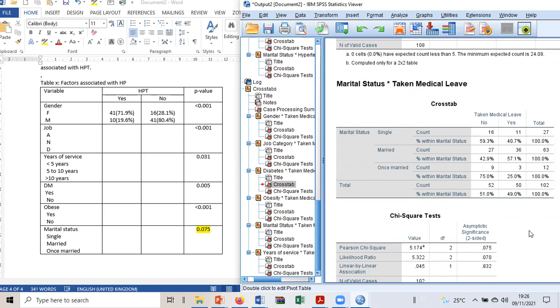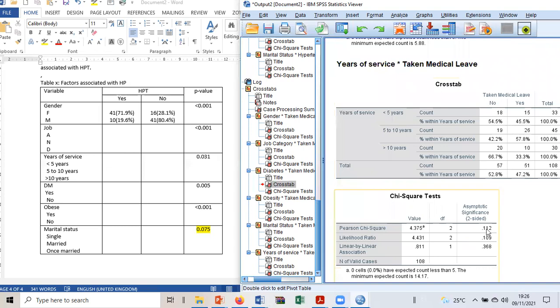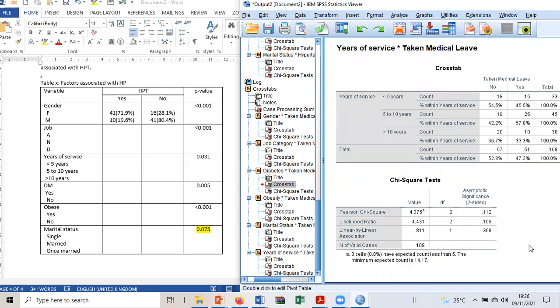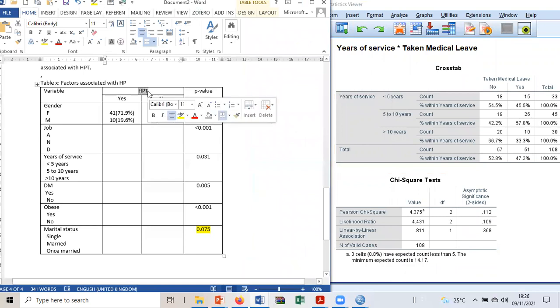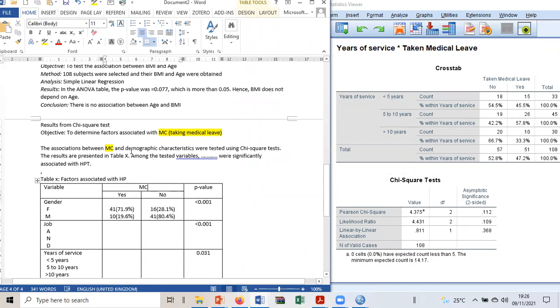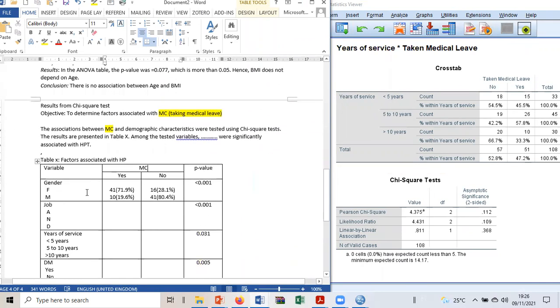More than 0.05. So no. Years of service? No also. So you put the values here, and this is MC, yes or no. And you write up as what you wrote just now. Okay?